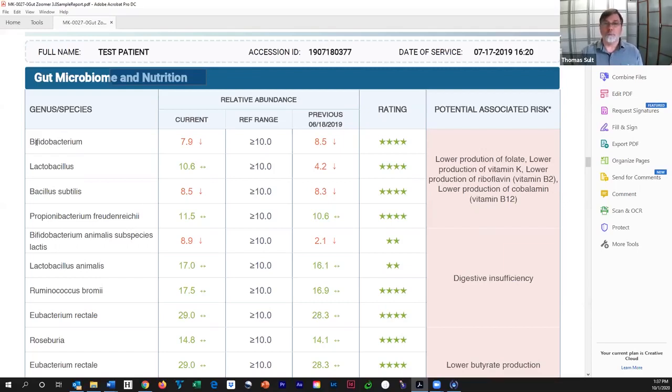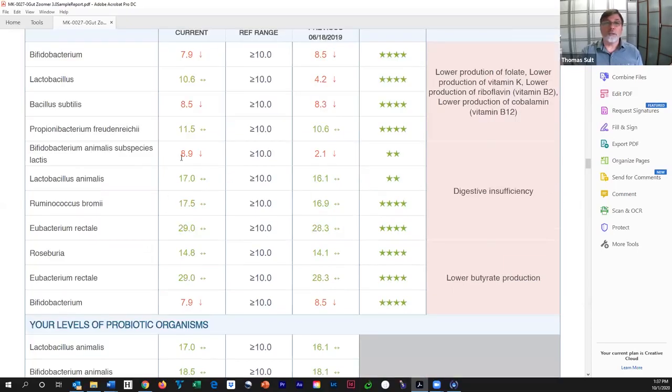As an example, when bifidobacterium is low, you have low production of folate, vitamin K, B1, B2, B12, and so on. And down here, a slightly different species of bacteria is suggested to be involved with intestinal digestive insufficiency. And down here, low butyrate production.